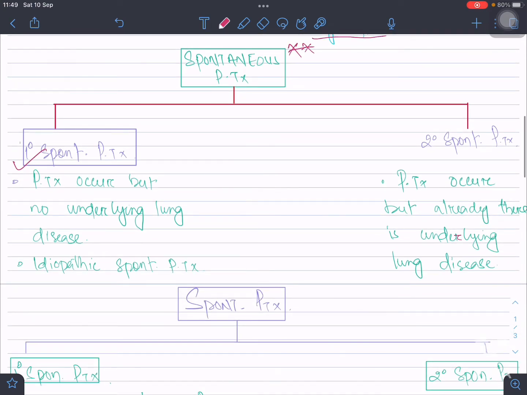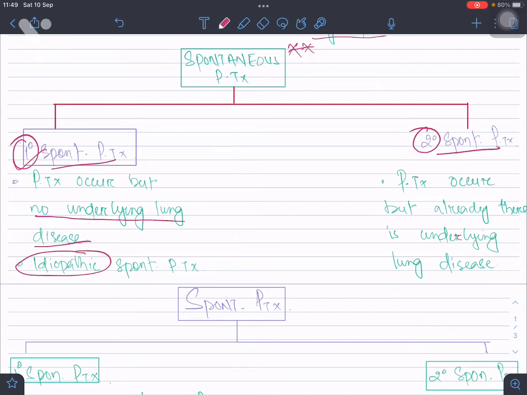It can be of two types, primary and secondary. Primary spontaneous pneumothorax occurs without any underlying lung disease. This should be understood: there is no underlying lung disease, and it is idiopathic.